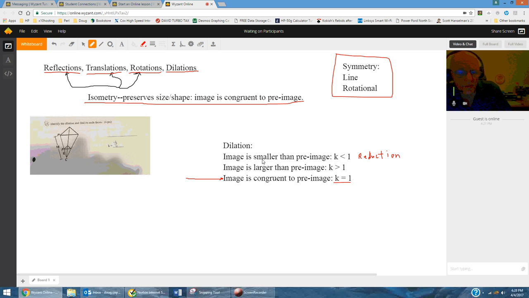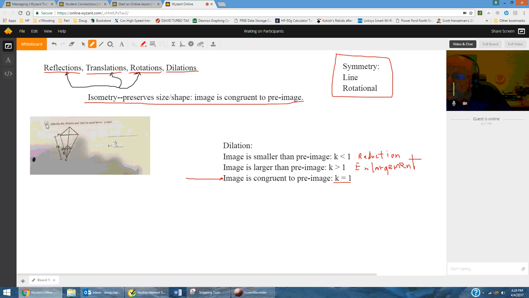If the image is larger than the pre-image, we have an enlargement. And you can spell enlargement. Okay, and this is congruent.